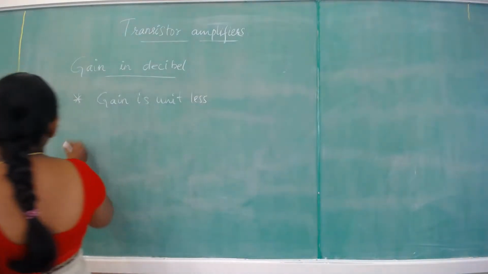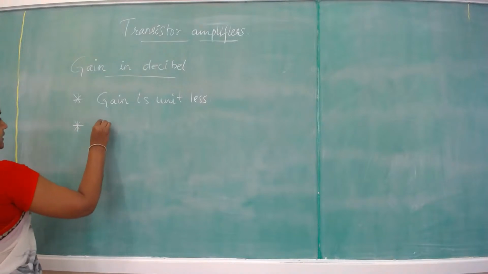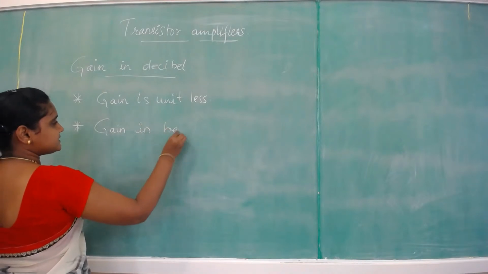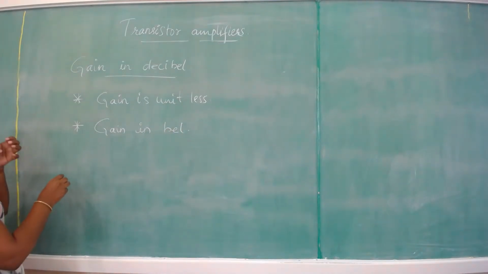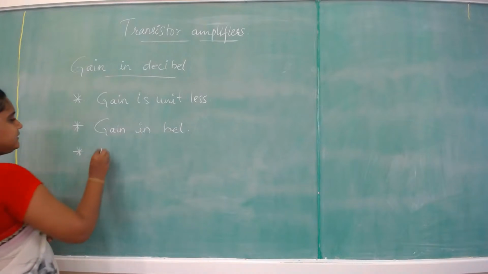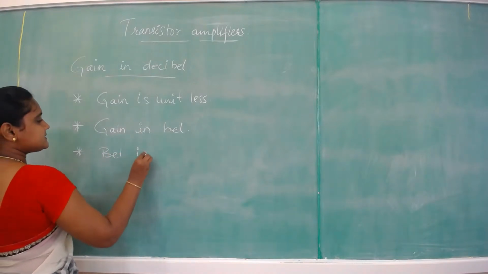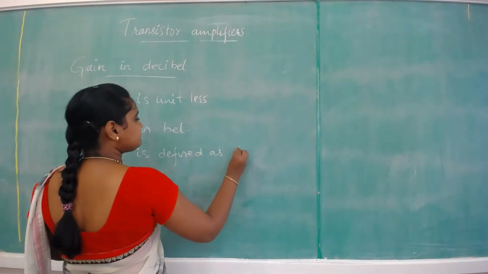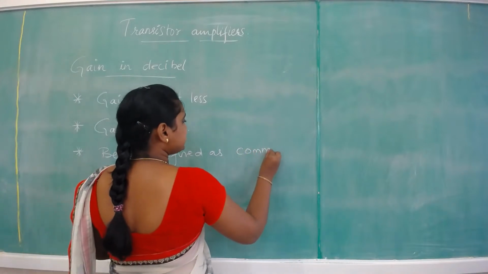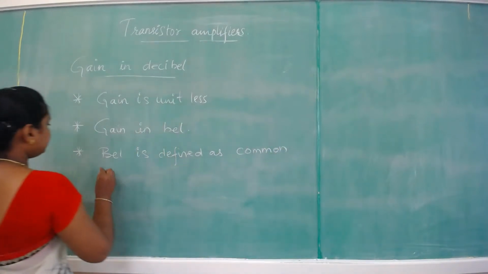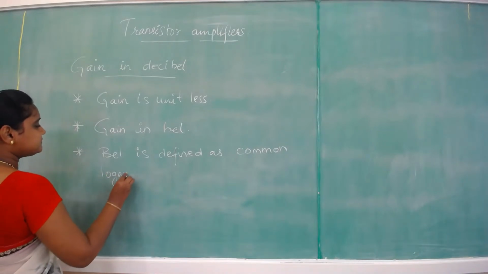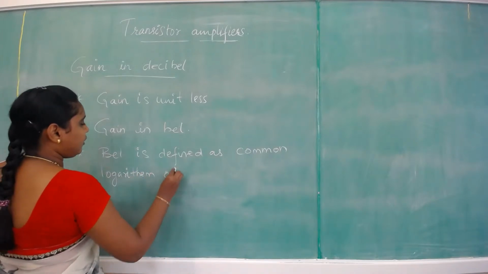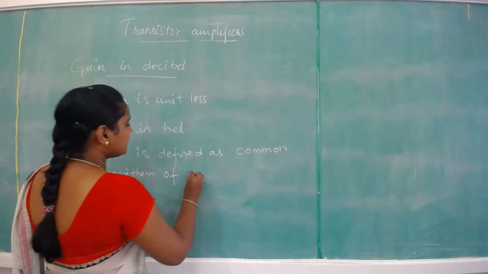That's why gain is represented in bel, where bel is defined as the common logarithm, that means log to the base 10, of power gain.